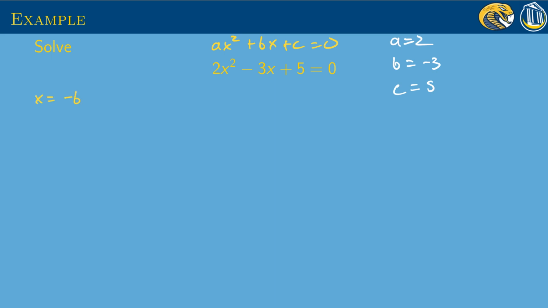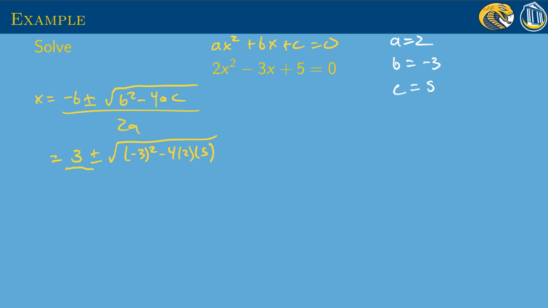X equals negative b plus or minus the square root of b squared minus 4ac all over 2a. This time, when we plug everything in, we get negative b, that's positive 3, plus or minus the square root of b squared minus 4 times a times c, all divided by 2 times a.